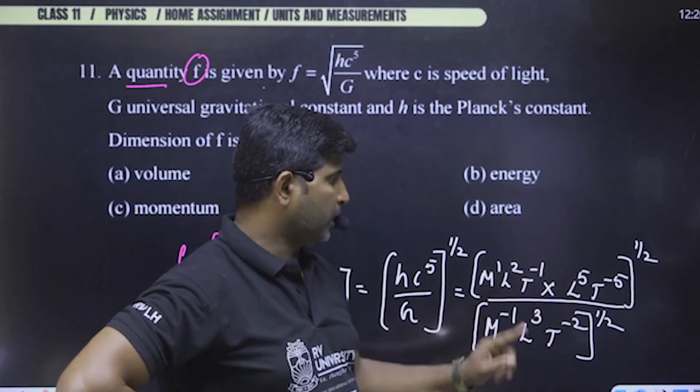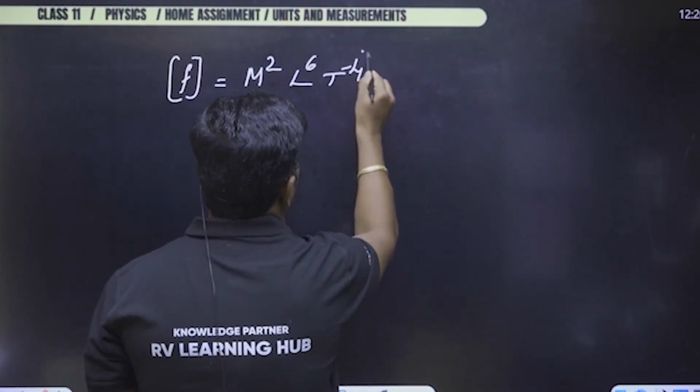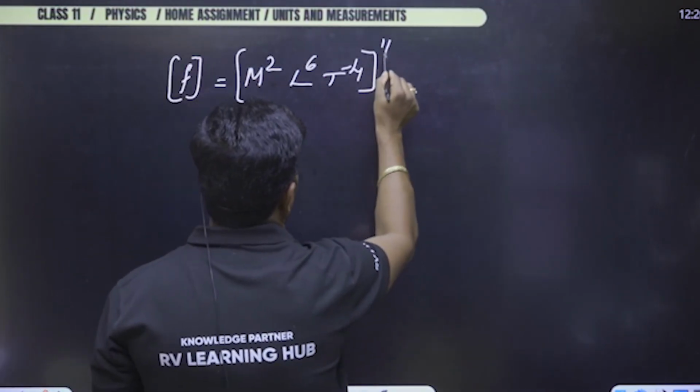You will get the answer as minus 4, whole to the power of 1 by 2.